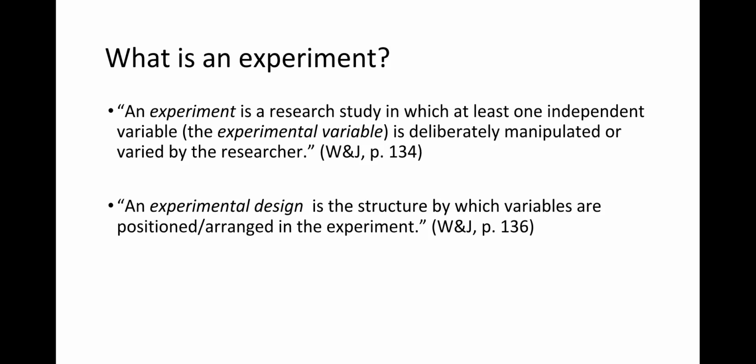All right. The definition of experimental design is the structure by which variables are positioned and arranged in the experiment. Experimental design is the structure you set up for how to implement that experiment.